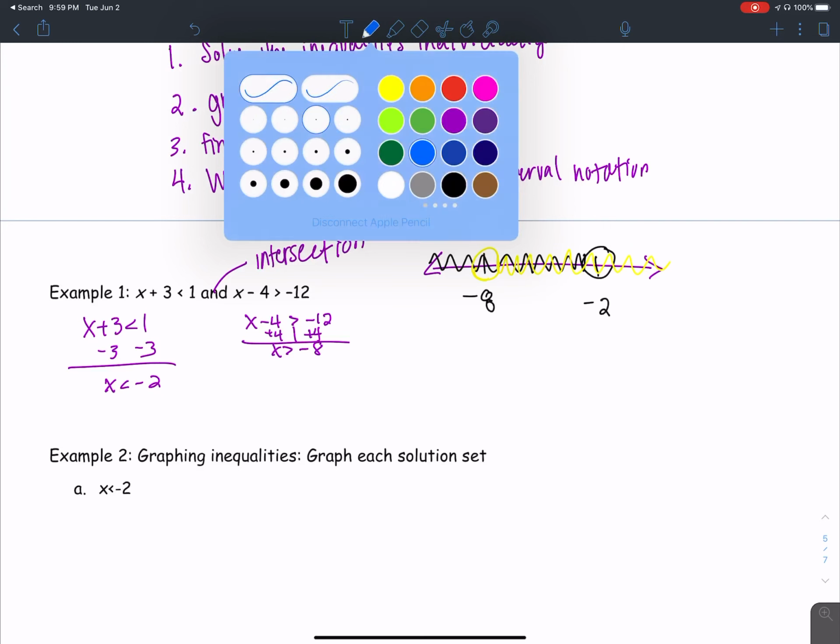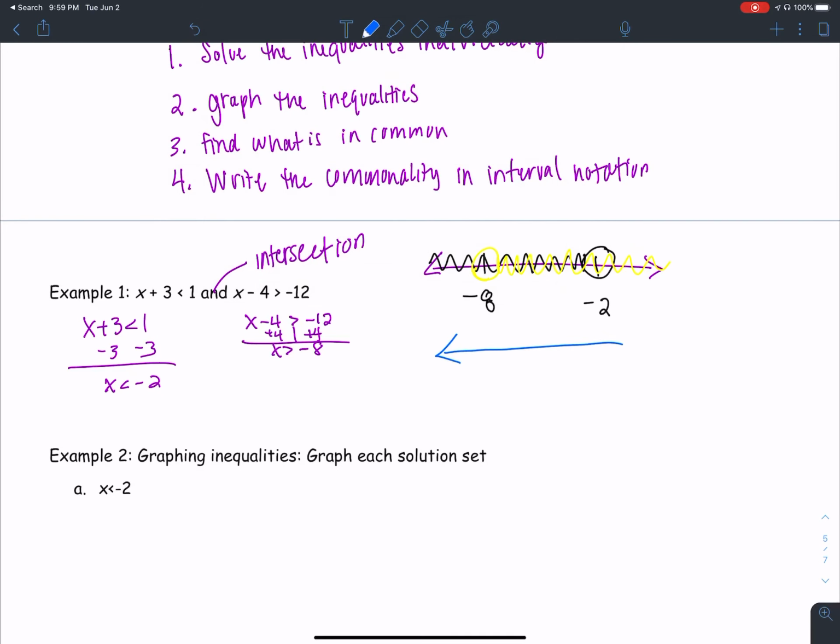So let's do a new line here to show the final answer. On this line I have yellow and black, but I can't include negative 8 because there's no equal to, so negative 8 is just an open circle. I've got black and yellow in the middle, another open circle at negative 2, and then just yellow off to the side.